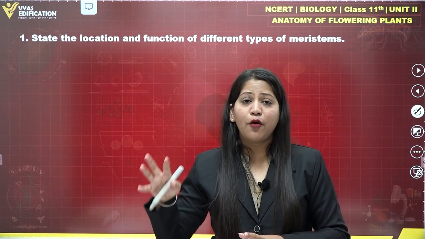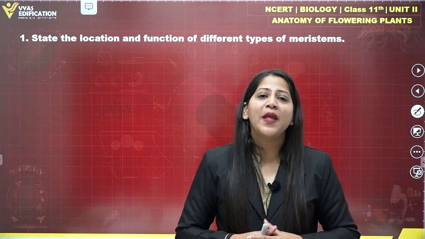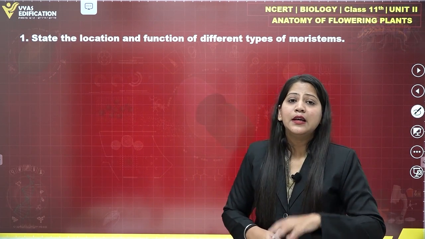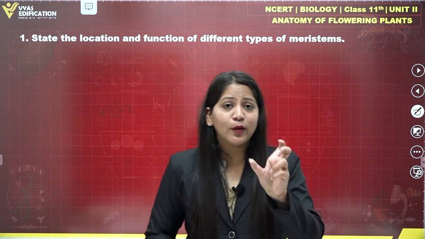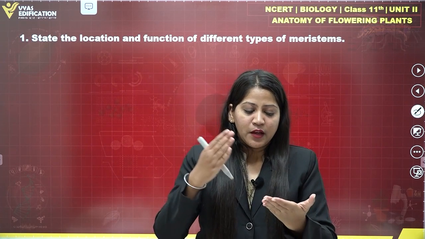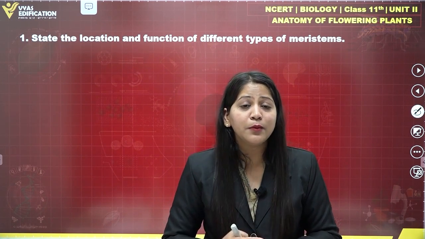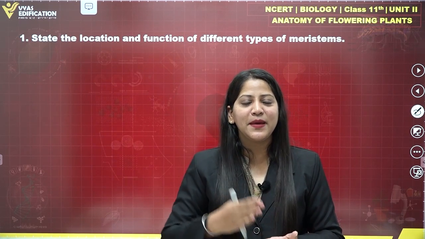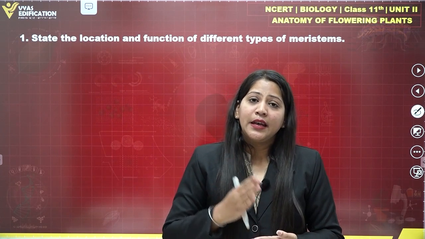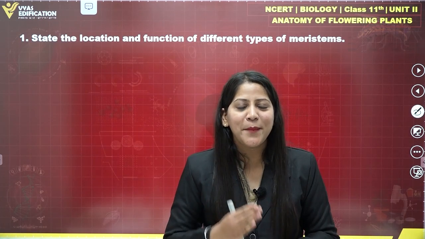If we talk about the formation of vascular cambium in roots, then it forms from parenchymatous tissue and pericycle, right? So in stem it is formed from intrafascicular and interfascicular strips, and in roots it is formed from parenchymatous tissue as well as from pericycle.